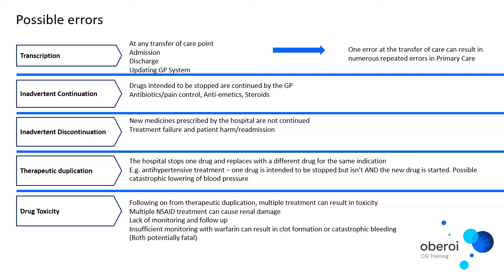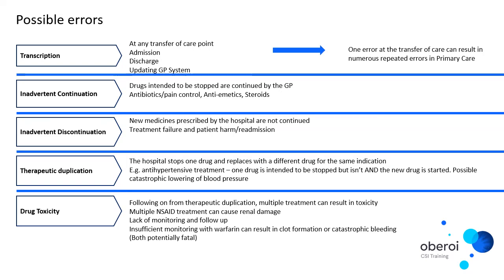Obviously that could lead to treatment failure and patient harm and readmission because the problem that was dealt with hasn't been continued. You've also got therapeutic duplication, so as I say, the hospital stops one type of drug and replaces it with a different drug for the same indication. The example given there is antihypertensive treatment, so one drug is intended to be stopped but isn't, and the new drug is started. So that could lead to obviously catastrophic results there. And then drug toxicity.